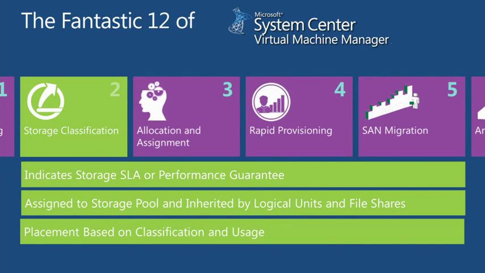Now this storage SLA is a much simpler way for a self-service user to deploy their virtual machines. They don't need to understand LUNs and storage arrays, different types of it, or figure out exactly where to place their virtual machines. They simply understand what kind of performance SLAs or guarantees they want from their VM. So if it's an important VM, for instance, they can deploy it with gold storage. So for each VHD, you have the capability of selecting a classification.